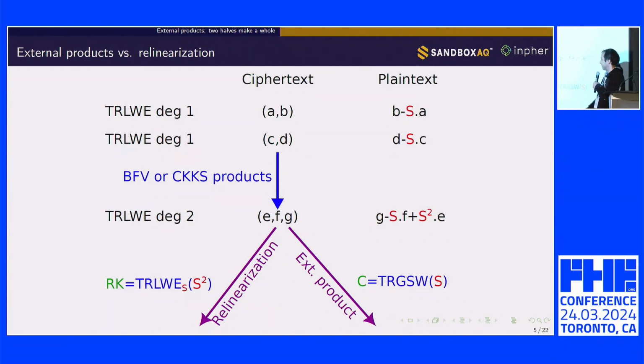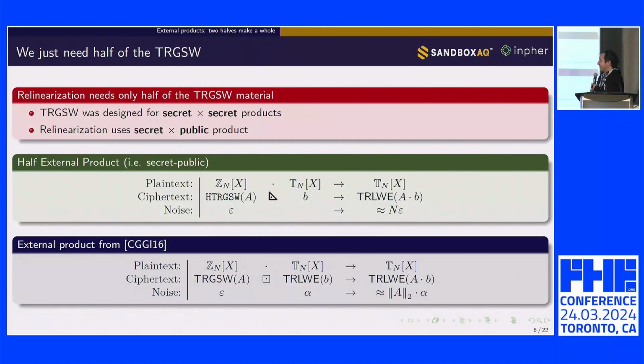Later, when we had the external product at hand, another interpretation was that the external product allows us to evaluate the operation multiply by S, and once we have multiply by S, we can evaluate any polynomial in S, especially a degree 2 polynomial in S, expressed in terms of external product. That was basically the Chimera interpretation.